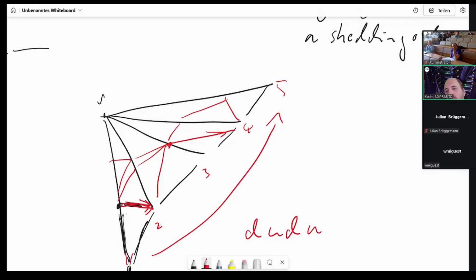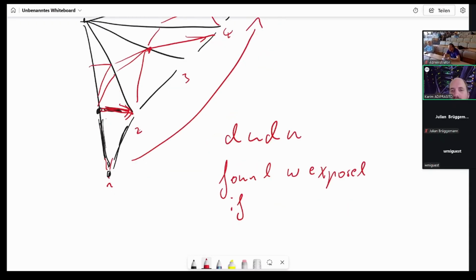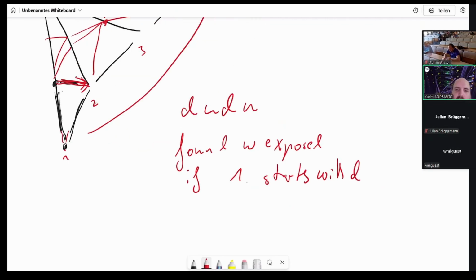So I claim that I have found an exposed vertex W if there are 3 cases. So I start with the sequence of downs and ups. One, it starts with a down. Two, it ends with an up.